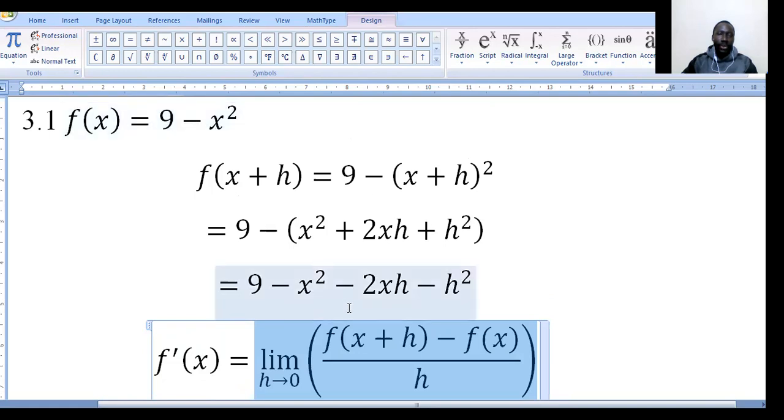Then the other thing is you want to ensure that you have the correct value of f of x plus h. F of x plus h will not be given, but they will give you f of x. The only thing now is to find f of x plus h, which you find by substituting x plus h for x in the expression 9 minus x squared. You simplify that to get this.